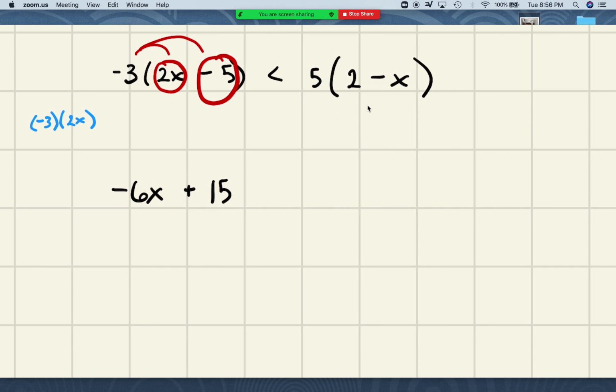And then here, the way you would read it is you'd say 2 minus x. But when you distribute, you do this 2 and this negative x, those are two separate things, and you can think of this as a negative 1 in front. When there is no number, it's always a 1.